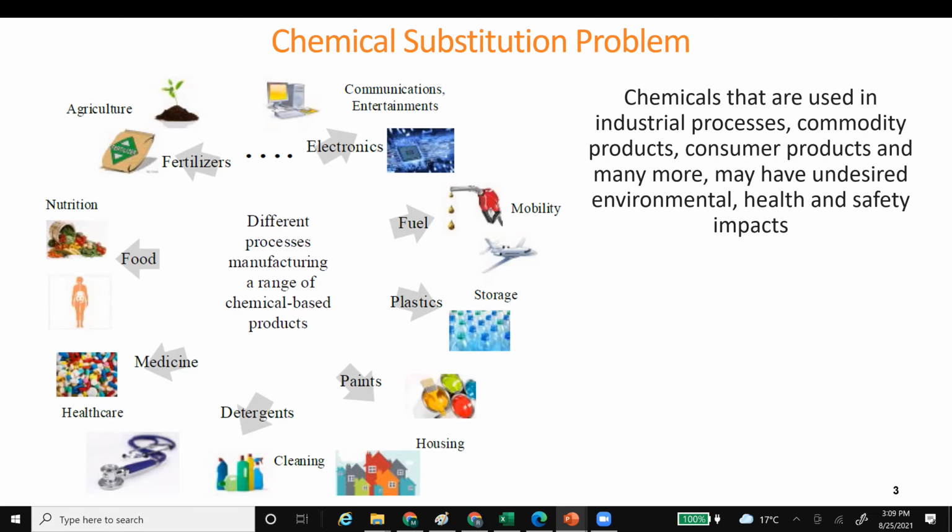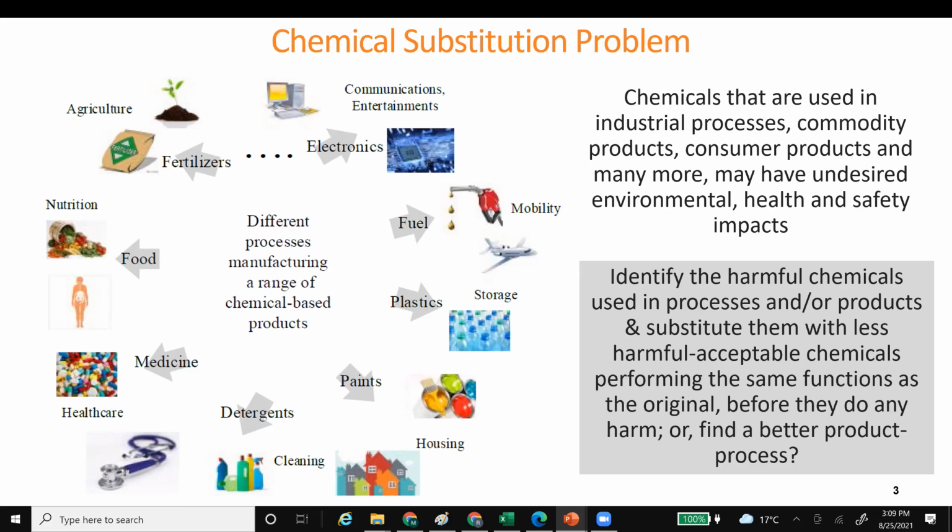And then, if we have now established the connection of the chemicals, we can say the substitution problem is to identify, in one case, the harmful chemicals, which can be one or more. So we may replace only one of all the chemicals or may replace more than one. And that harmful chemical can be replaced in the process, which is not part of the product, or can be part of the product.